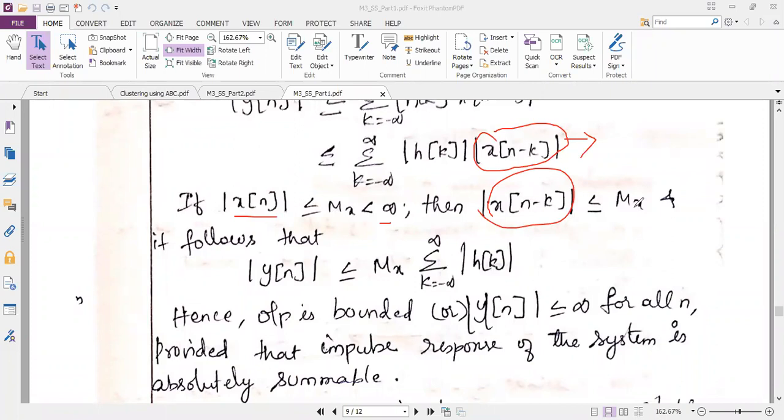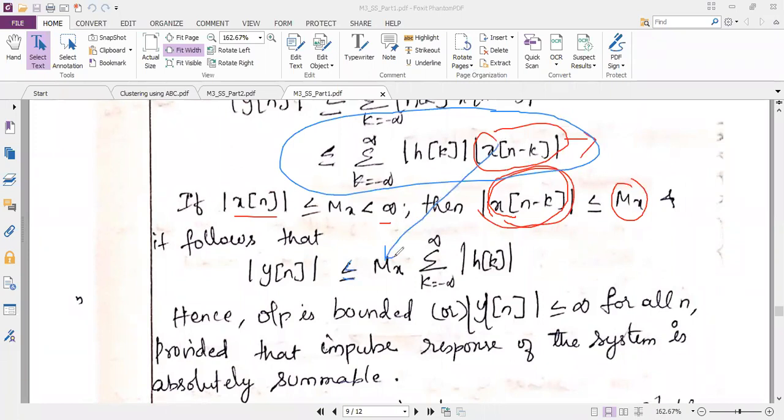So I can write x of n minus k as mx. If I replace x of n minus k with mx in this equation which I am highlighting here, then my equation becomes y of n less than or equal to, with x of n minus k now mx.